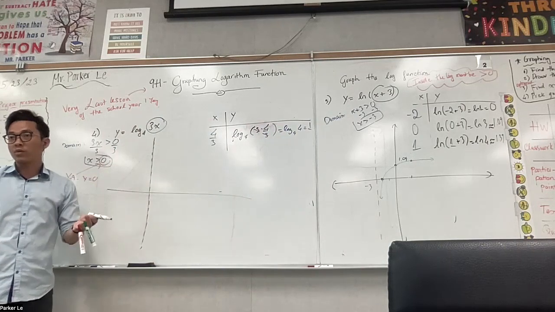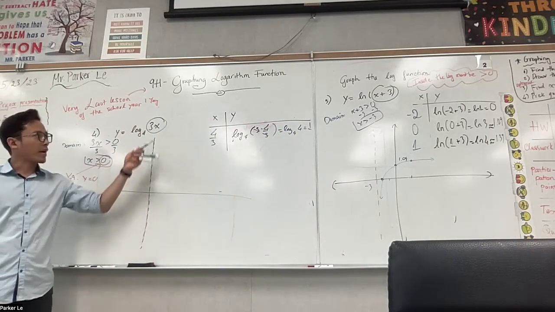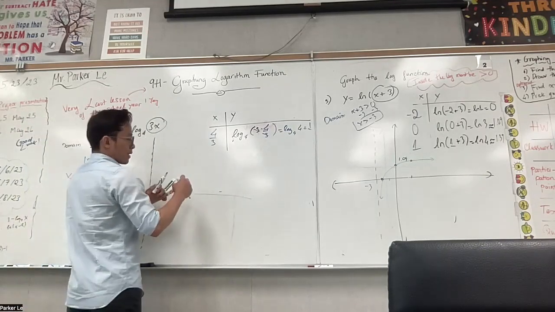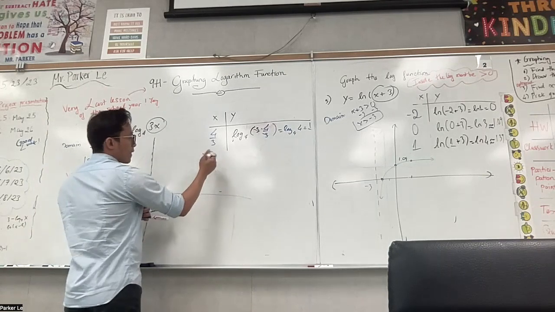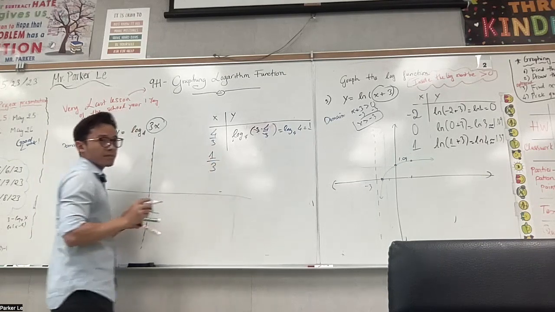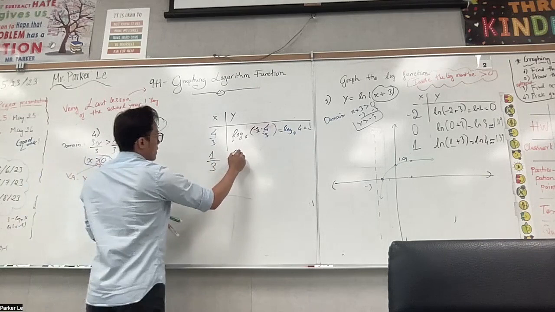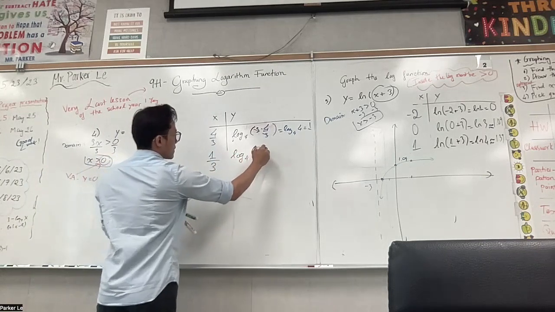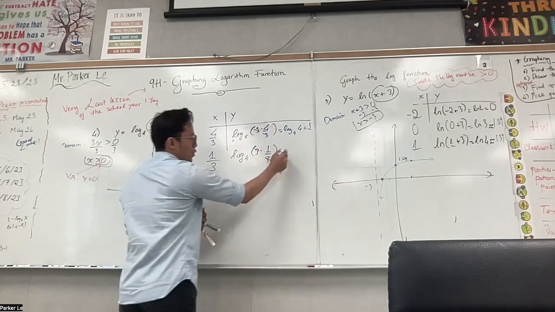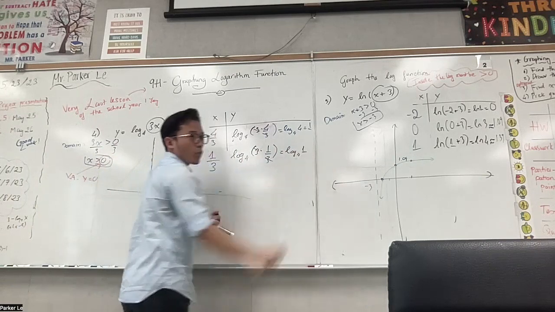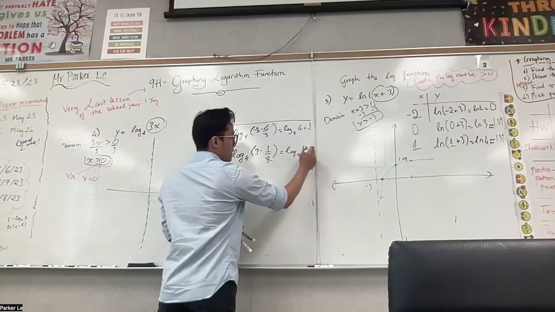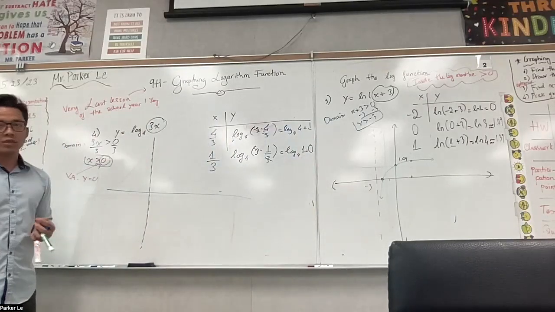Because anything to the 0 power is 1, right? So 1 over 3. The 3 and 3 cancel out. We have log 4 of 1. What is log 4 of 1? It is 0. Okay.